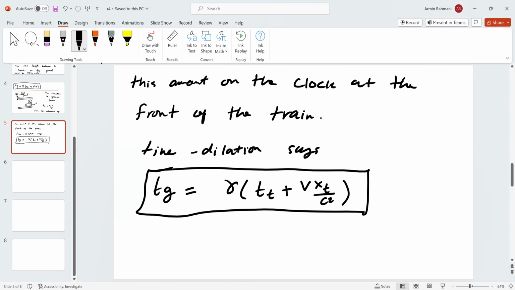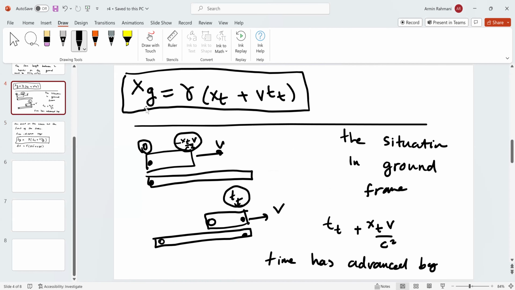Another way to write the same thing would be to write delta x, that's spatial separation in the S frame, in the frame outside the train, in the ground frame, to be equal to gamma (delta x prime plus v delta t prime). That's essentially this equation over here, right? So I'm just replacing xg by delta x, xt by delta x prime, tt by delta t prime.